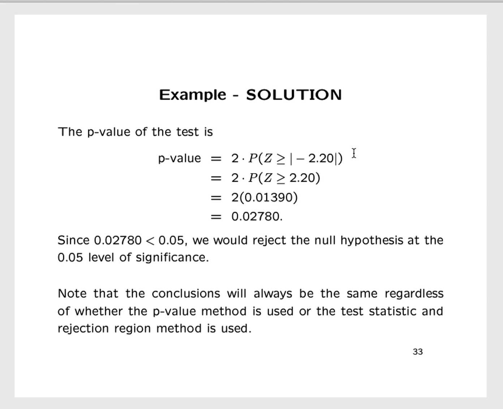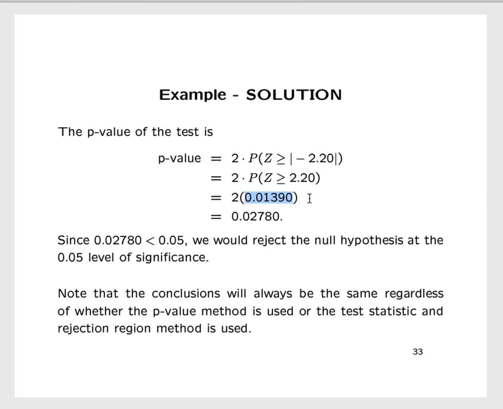Recall that z-calc is equal to negative 2.2, and so we have to take the absolute value of that. And so the p-value is twice the probability that the standard normal random variable is greater than or equal to positive 2.2. Looking this up from the standard normal table, we find that this probability is 0.01390.